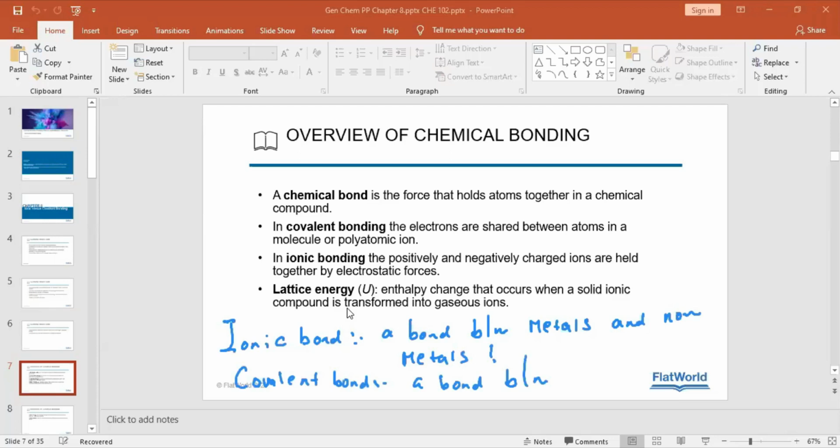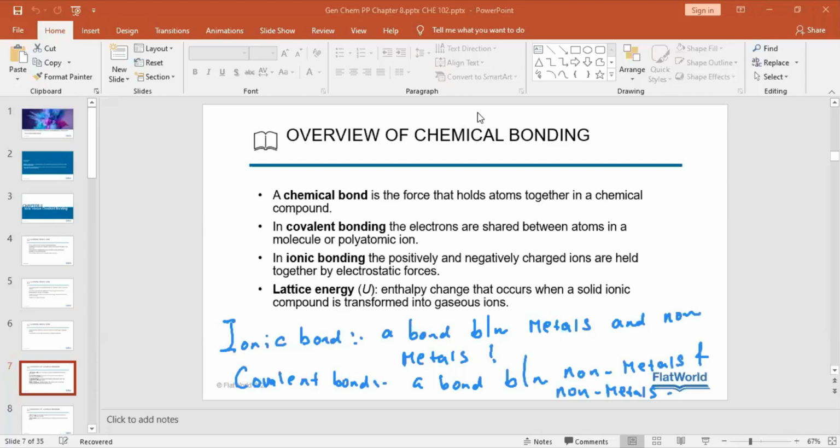When I say that, I mean the bond between non-metals. Okay, so I'm just writing the definition of bonding. The common ones are ionic bond and covalent bond.